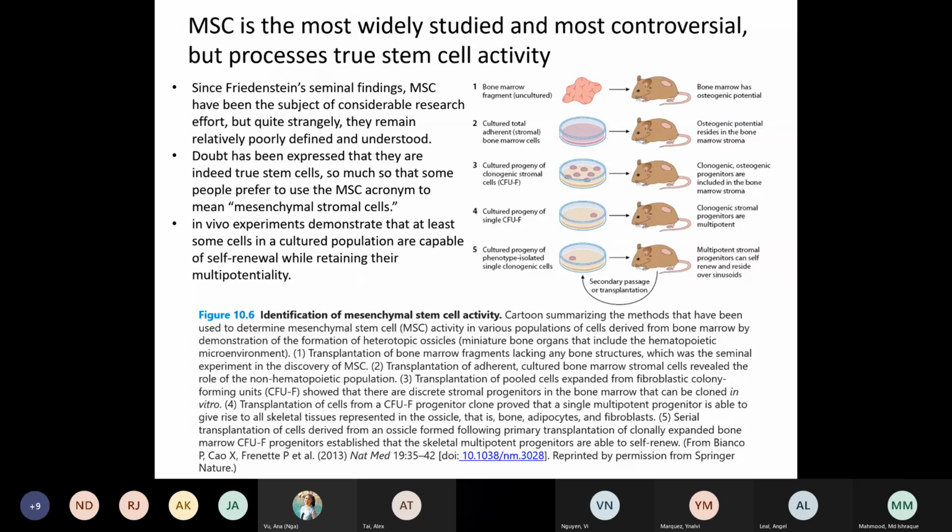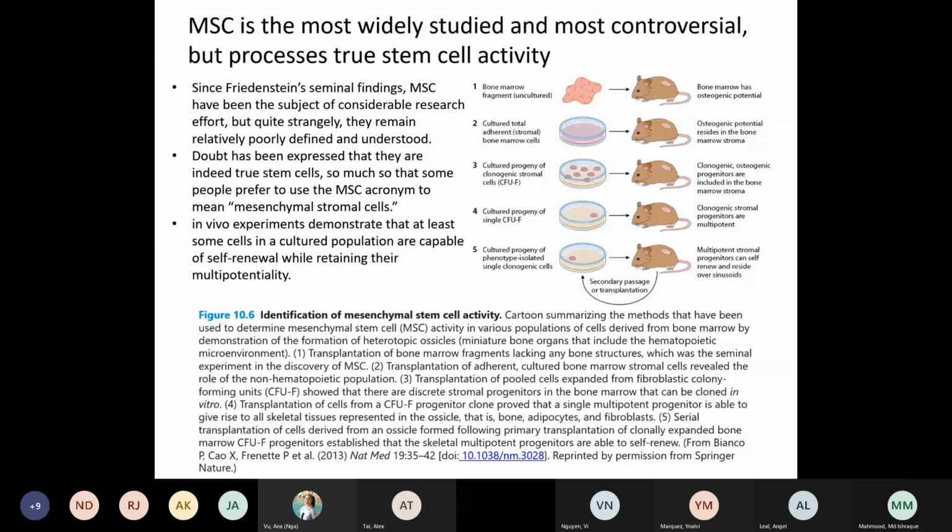So at the beginning, like Alexander did, basically you take the bone marrow, that's whole bone marrow. You probably just mince the bone marrow a little bit, and then you put that under the capsule of the kidney. Now bone formation. So the conclusion there would be, okay, bone marrow has osteogenic potential.